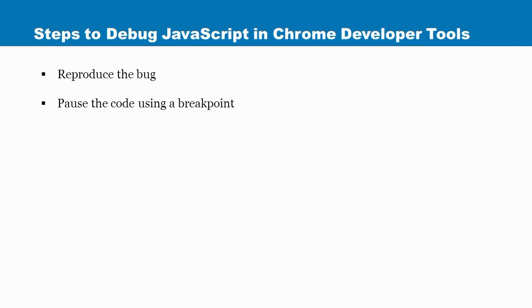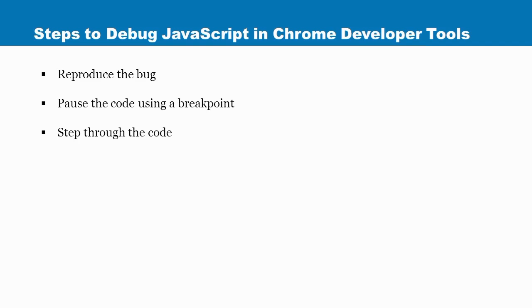Then the next step is to step through the code. The reason being is that sometimes when the script executes, it may execute in the wrong order. So stepping through the code enables you to walk through your code's execution one line at a time and figure out exactly where it's executing in a different order.